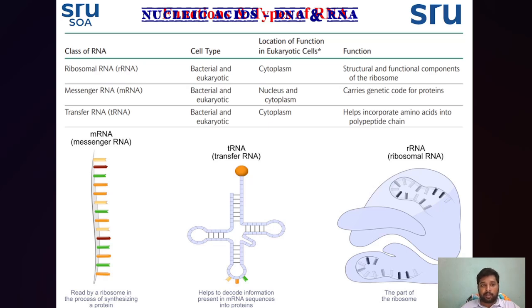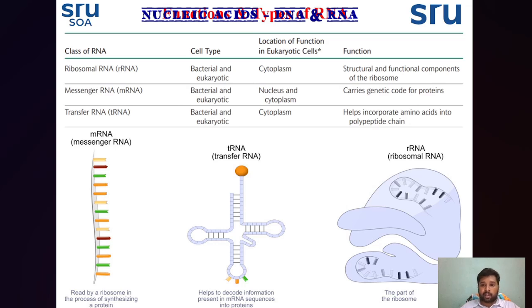Here in this slide, the structures of messenger RNA, tRNA and rRNA are clearly represented. Messenger RNA is single stranded. It is present in the nucleus and cytoplasm region, whereas transfer RNA is only in the cytoplasm region. The location of function in eukaryotic cells is given here.